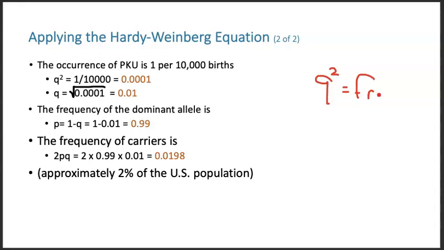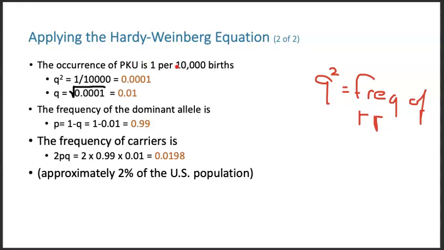So I'm going to remind you of that. I'm going to have this over here. The frequency of the homozygous recessive. So I'm going to do a little r in this case, because r is easy to draw. So there you go, frequency of the homozygous recessive. And remember, that's q squared.